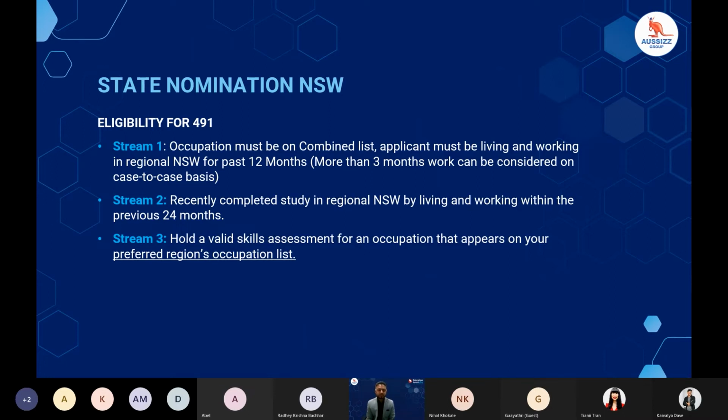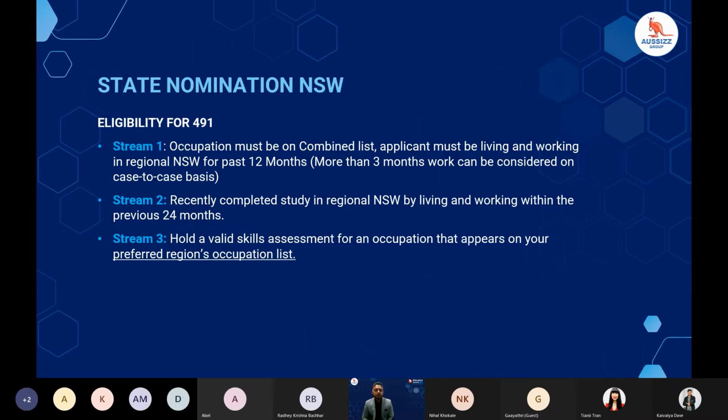Now again, NSW opens the window every month, or generally every 3 months. So let's say there was an invitation window for January. The window will close today, and from tomorrow onwards they will start assessing the applications, and maybe somewhere in February all the candidates who are selected will be invited to apply for a 491 state nomination with New South Wales.